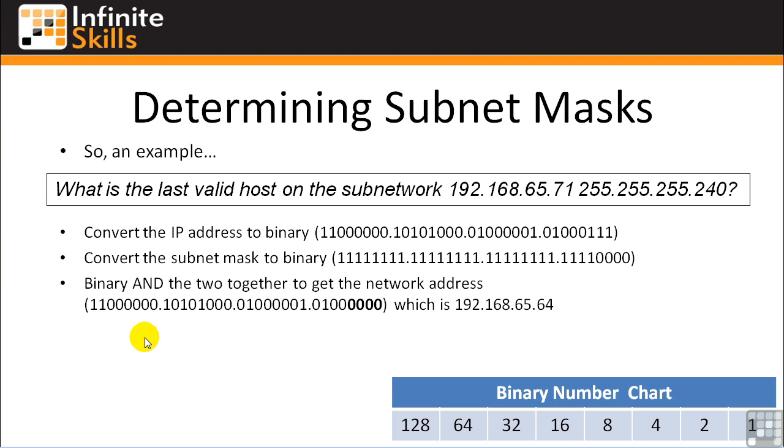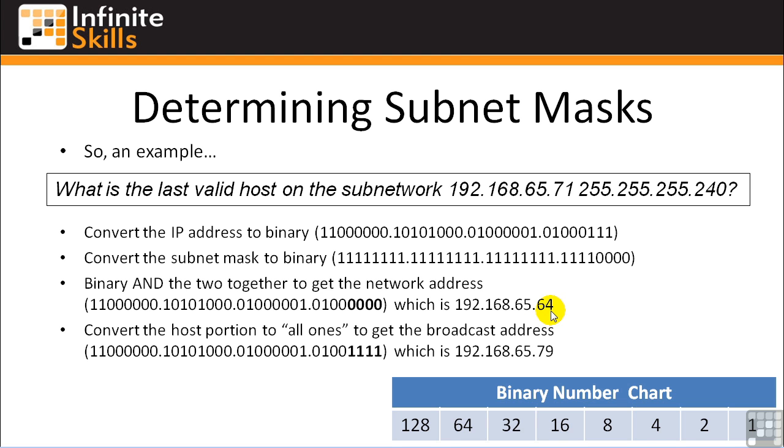In this case, this gives you the network address. If you add up all of these bits, it comes to 192.168.65.64. So that's the network address. You convert the host portion, the last 4 bits that you got from the subnet mask, to all ones to get the all-ones address, or the broadcast address.